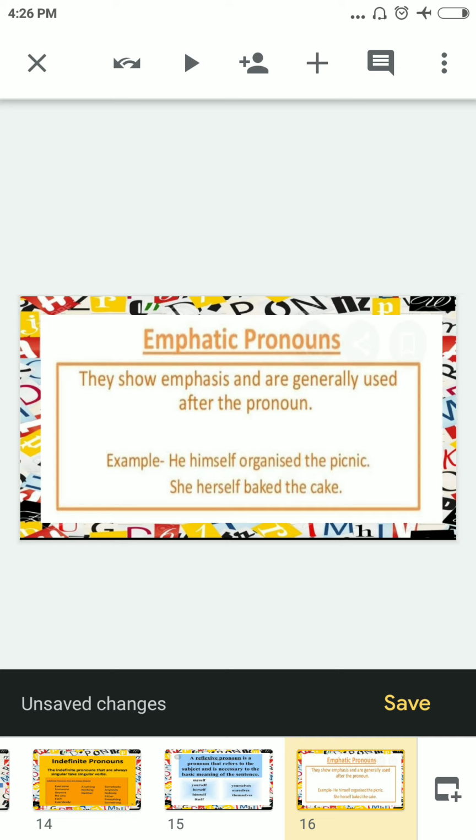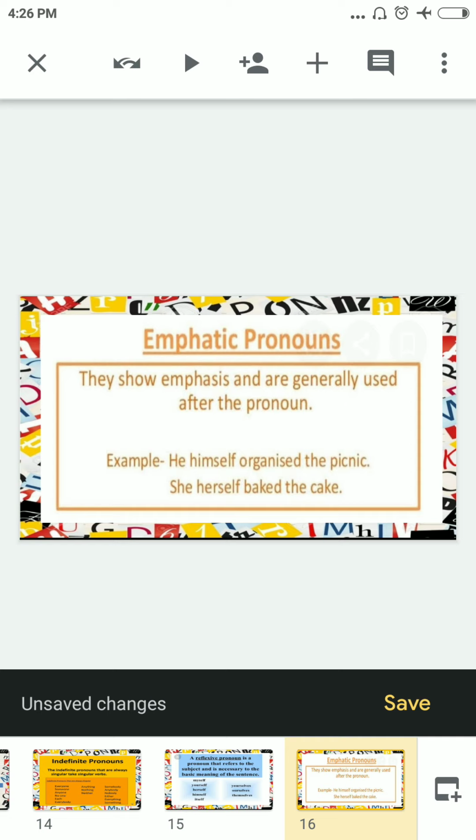We have to remember this point, students, that emphatic pronouns are generally used after the pronoun. See, he himself organized the picnic, she herself baked the cake. You are able to understand here that just after the pronouns we have used emphatic pronouns.